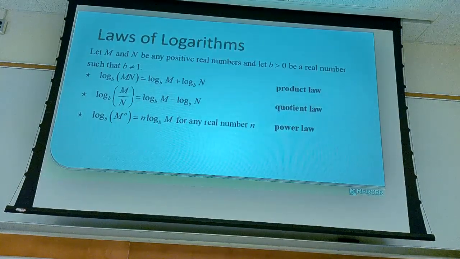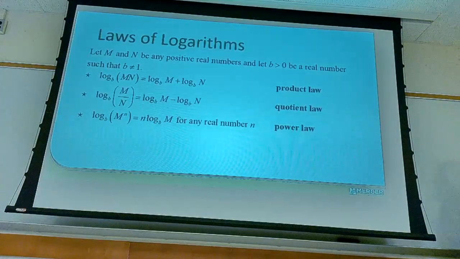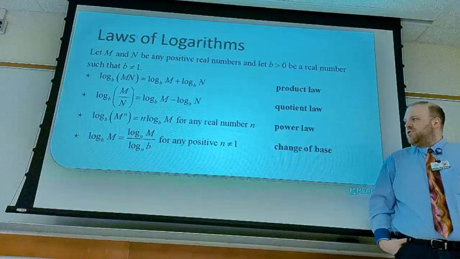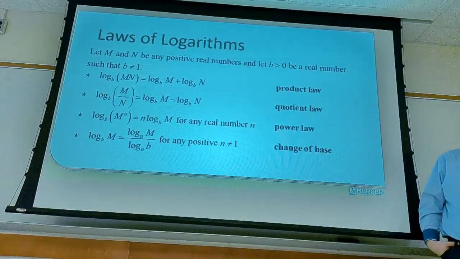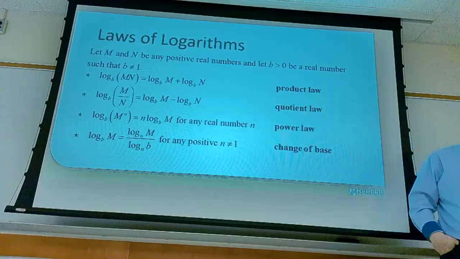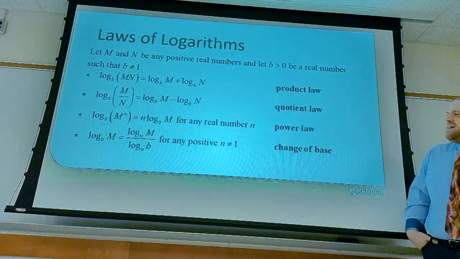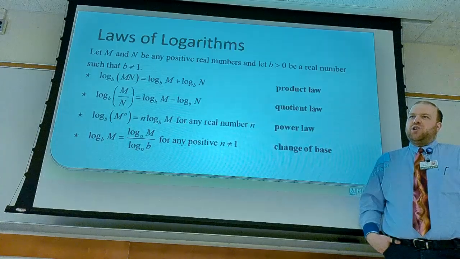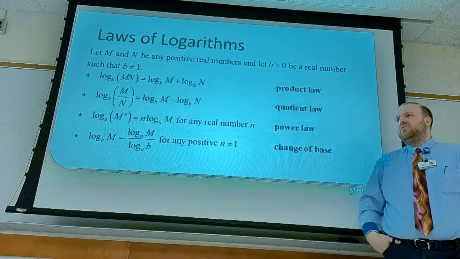There is one additional property that is useful, called your change of base formula. Log base b of m is log base n of m over log base n of b. So you can change your base using this formula.